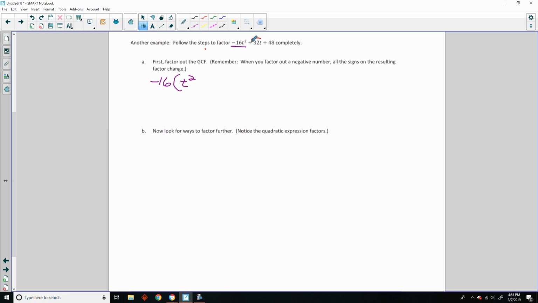So take 32t divided by negative 16, and a positive divided by a negative is negative. 32 divided by 16 is 2, and the t is still there. And then we have 48 divided by 16. Positive divided by a negative is negative. 48 divided by 16 is 3. And that is our answer. Okay, so negative 16 times t squared minus 2t minus 3.